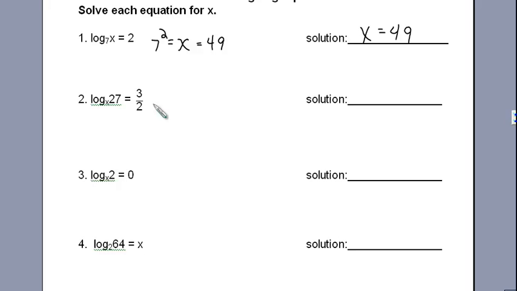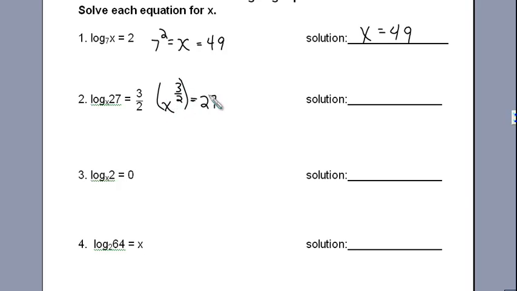The next equation, same thing. Change it from log form to exponential form. X to the 3 halves is equal to 27. So we're going to raise all of this to the reciprocal power.